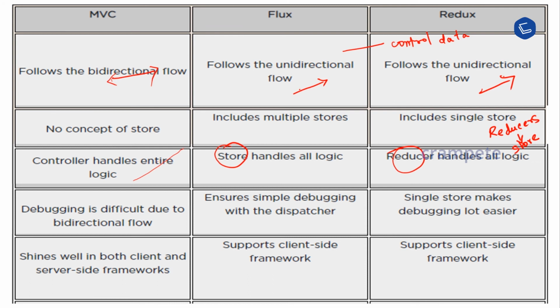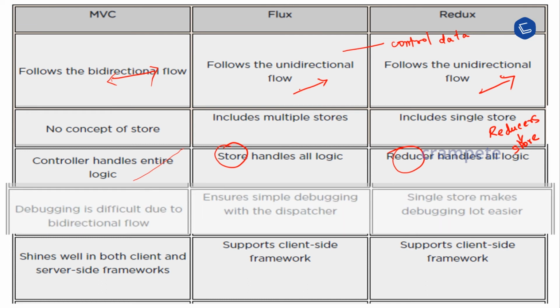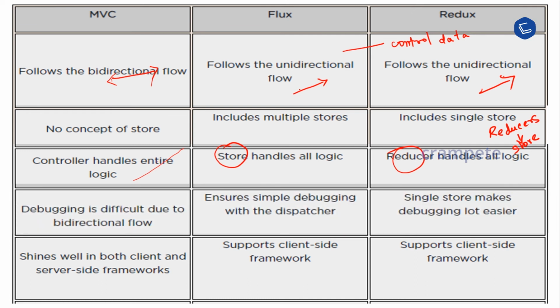Now coming to the point of the debugging perspective, debugging is difficult in MVC due to bidirectional flow, whereas in Flux it is similar and simple with the use of a dispatcher. In Redux, we do not have the concept of a dispatcher.